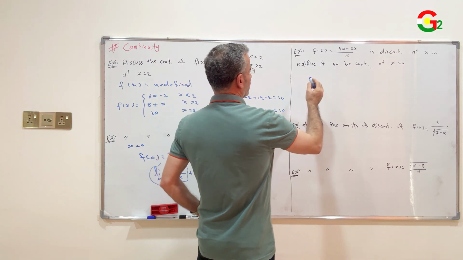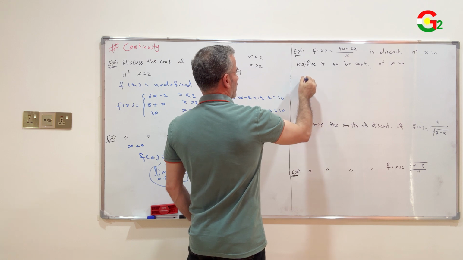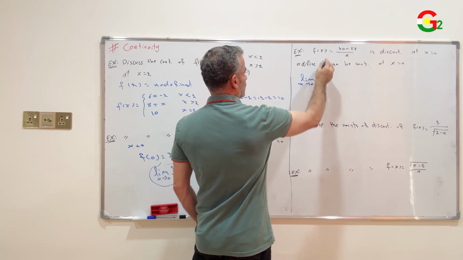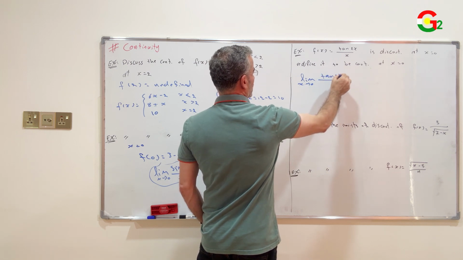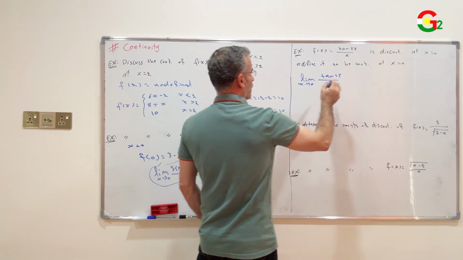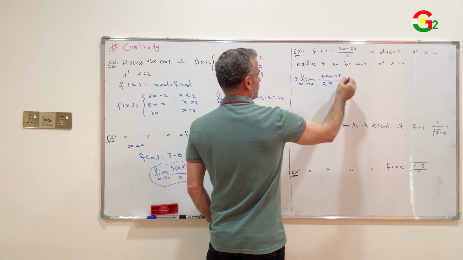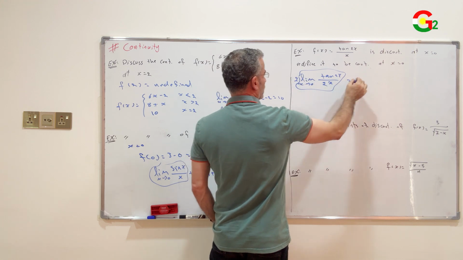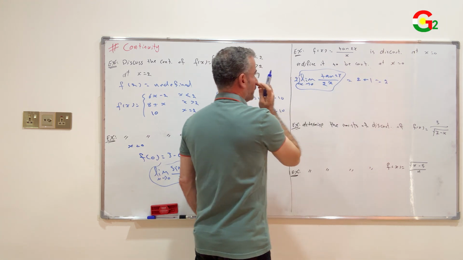But we can redefine this function to be continuous by finding the limit when x approaches 0 of f of x, tan 2x over x. Multiply by 2 and divide by 2, this limit is equal to 1, then 2 times 1 equal to 2.